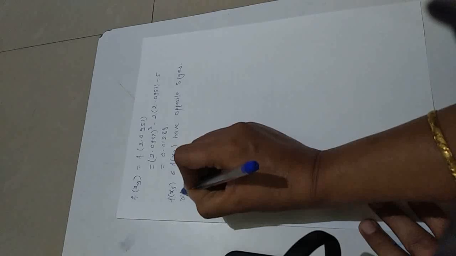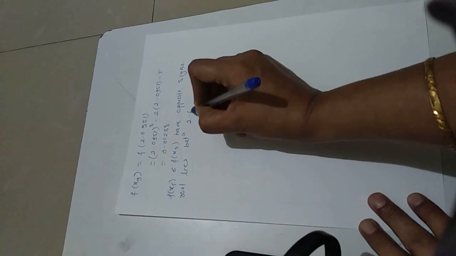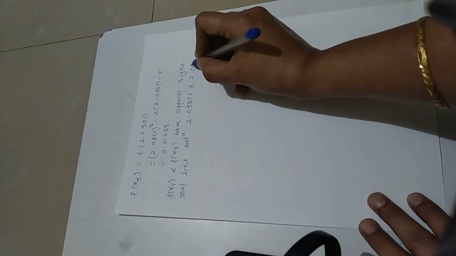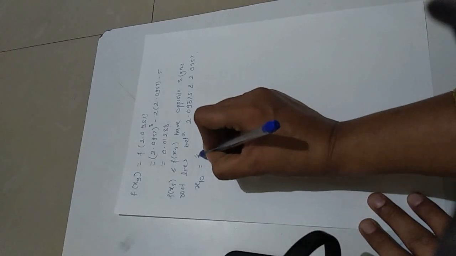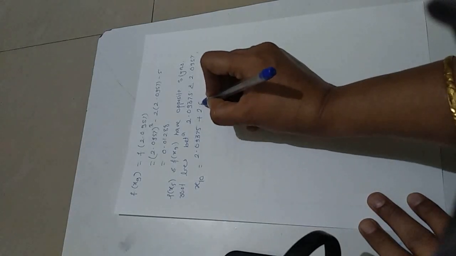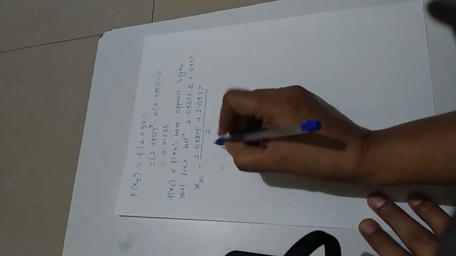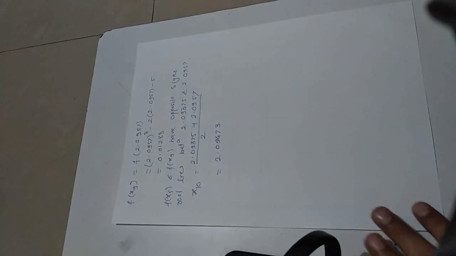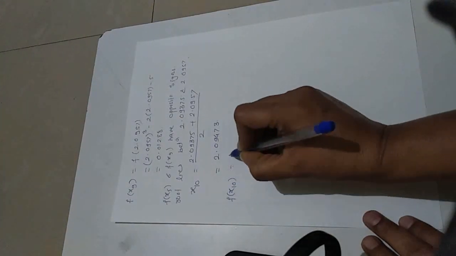and hence the root lies between 2.09375 and 2.0957, and then find x10. x10 is equal to (2.09375 plus 2.0957) divided by 2. After calculation this value is equal to 2.09473, and then find f of x10.